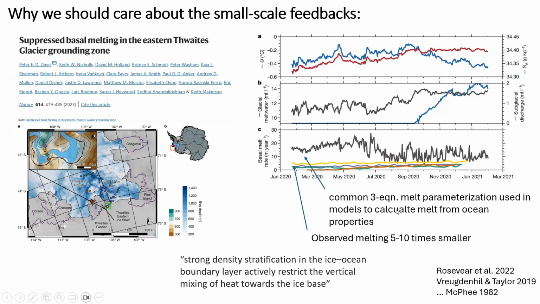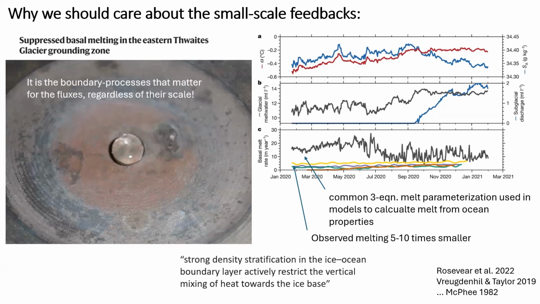This standard three-equation parameterization shows melt rates in the order of tens of meters per year in such a warm environment as this has been measured, whereas in reality we measure much lower melt rates, below 10 meters per year.